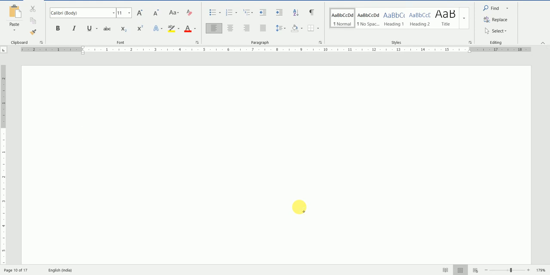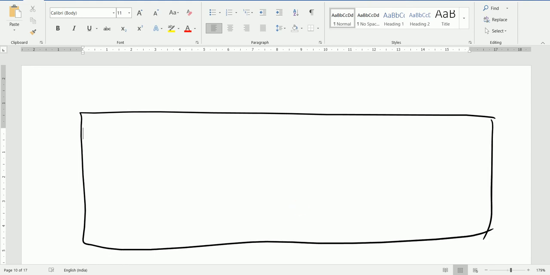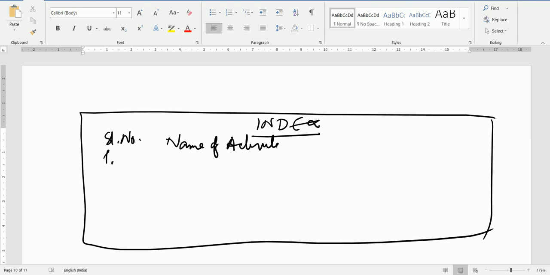For example, last time I told you that this is your practical notebook. On the first page, you have to prepare the index. On the left side, write the serial number, then the name of the activities, and then you may write the date. You can add the page number, and after that the remarks, then signature.